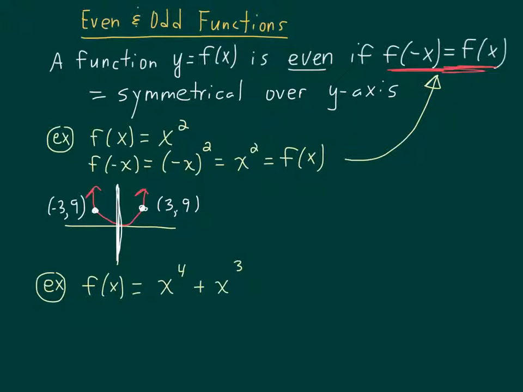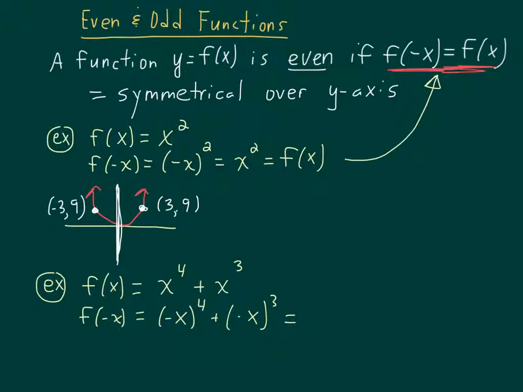Let's take a look at another example. We have f of x defined as x to the fourth plus x cubed. If we're trying to determine if this is even, we're once again going to find f of negative x. That simply means we're going to substitute in a negative x everywhere we see an x, and then simplify.